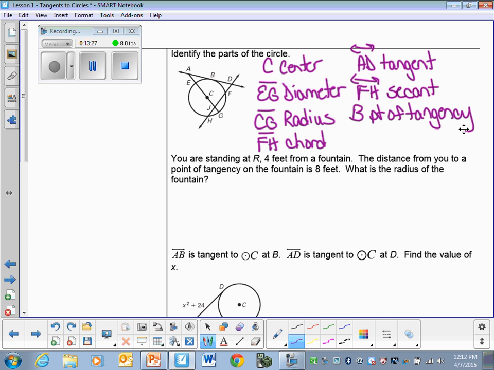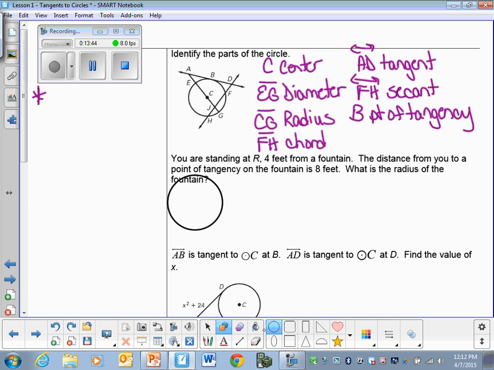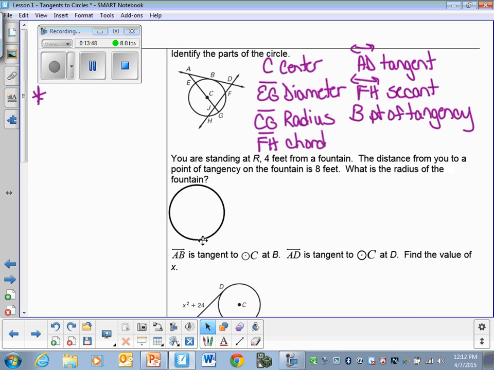All right, now word problems like this one, they will definitely be on your first quiz for this unit. You are standing at R, 4 feet from a fountain, and we are going to assume our fountain is a circle, since that's what we're talking about. Should have actually included that, but here we go. Circle. And we are at R, 4 feet away.